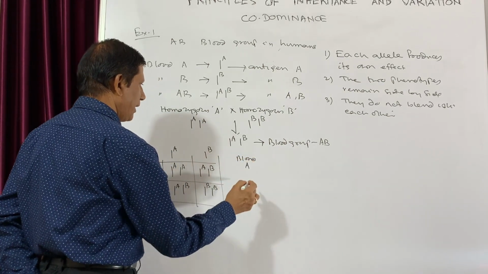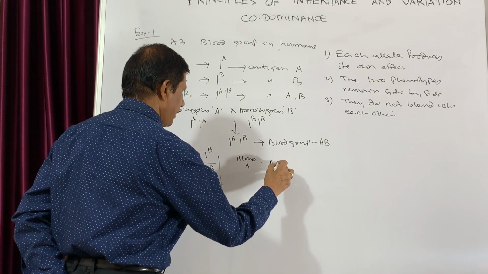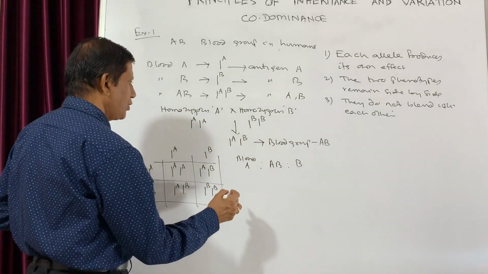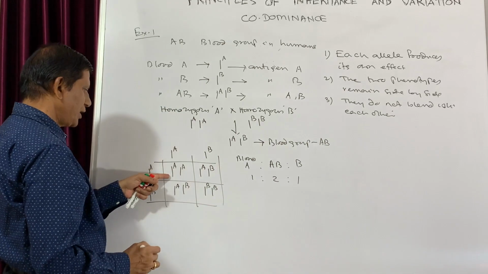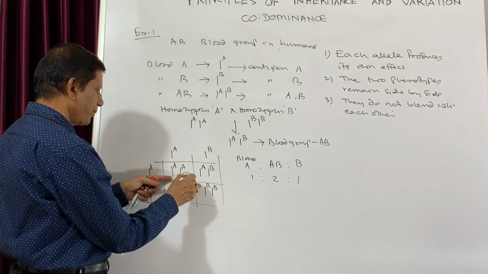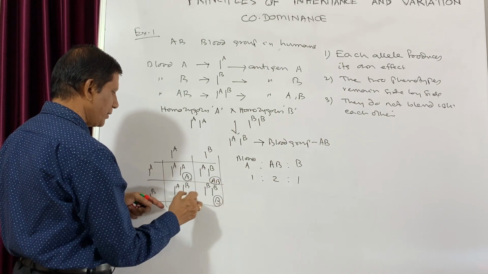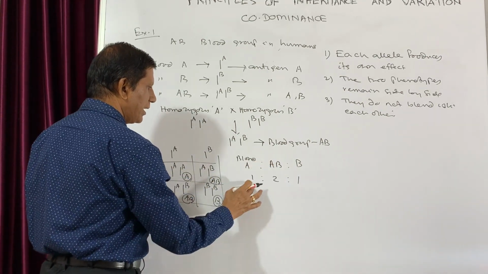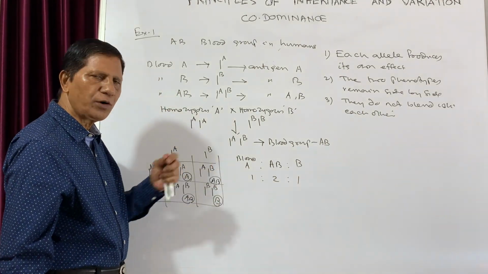Blood group A, AB and B are in the ratio of 1:2:1, because one is A blood group, two are AB blood group, and one is B blood group. This is the phenotypic ratio.